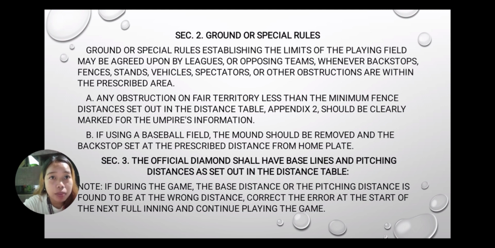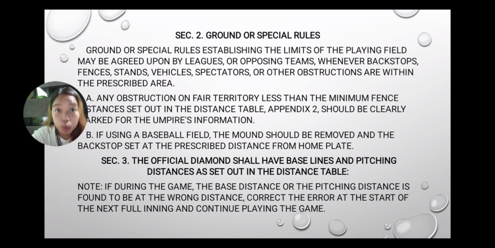The backstop, stands, people or any other obstructions are within protected areas. The official diamond shall have baselines and pitching distances as set out in the distance table. During the game, if the base distance or any pitching distance is found to be at the wrong distance, correct the error at the start of the next ball game and continue playing the game.